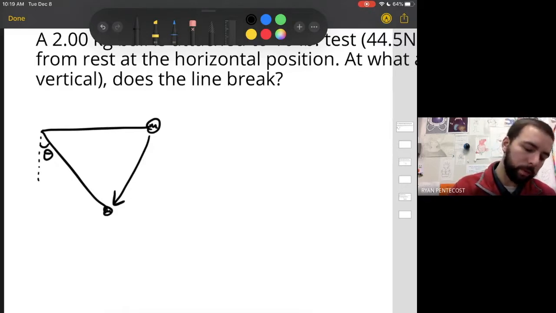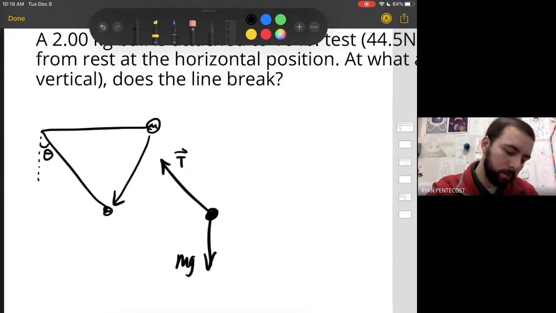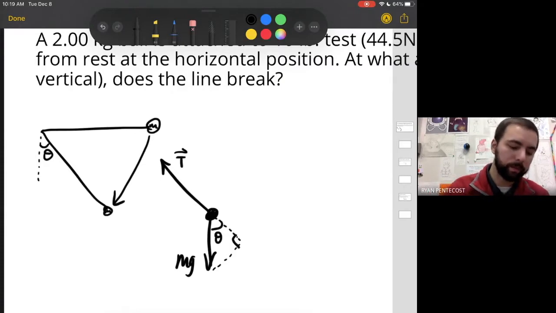So if we want to look at this, let's do a free body diagram. Okay, we've got our mass, we have our tension off at some angle, we have mg straight down, and remember this is not x and y, this is radial and tangential axes. So then we've got our theta right there.